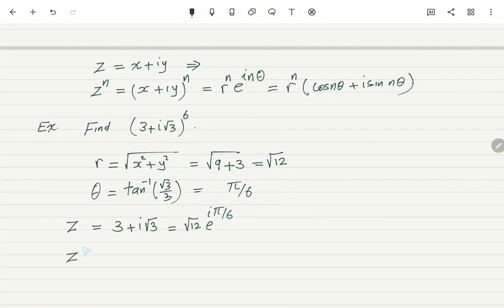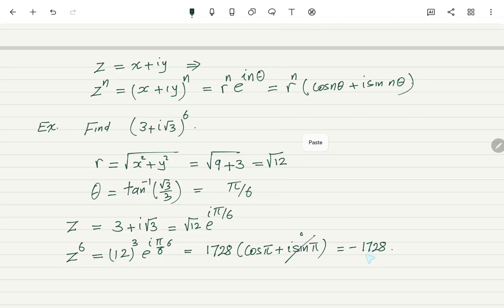But z to the power 6 equals 12 to the power 3 e to the i pi over 6 times 6, which equals 1728 (cosine pi plus i sine pi), which equals, this part here is 0, and this one is minus 1, so minus 1728.